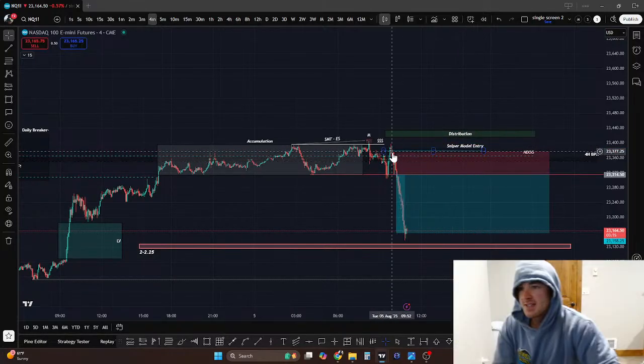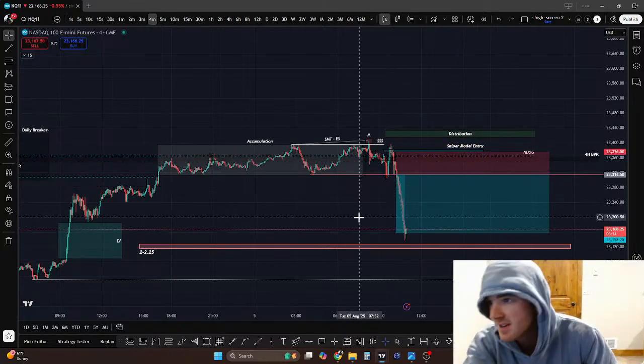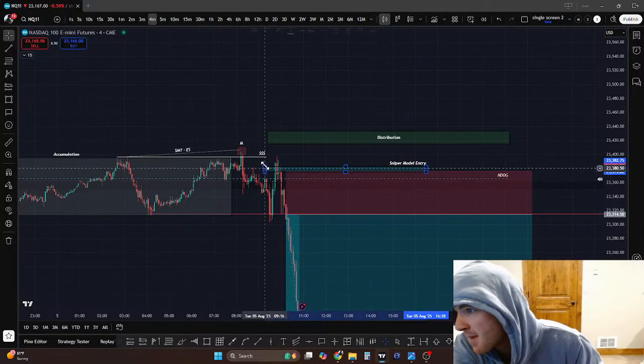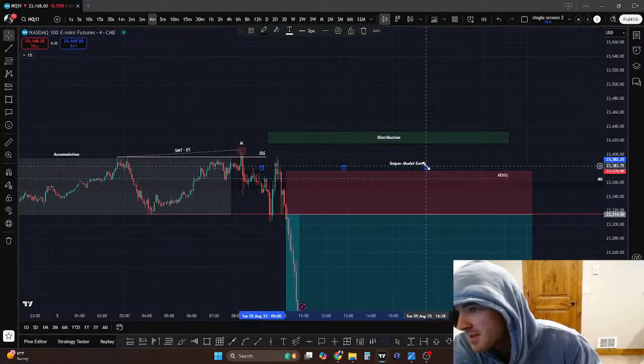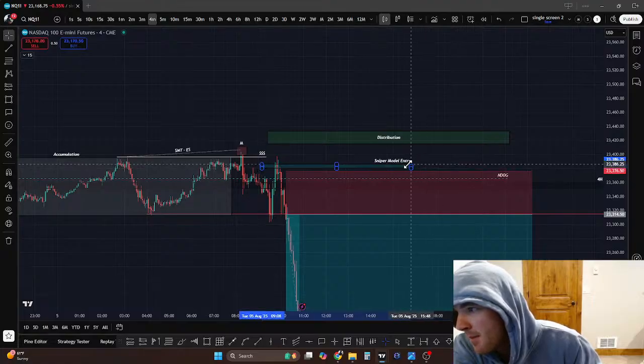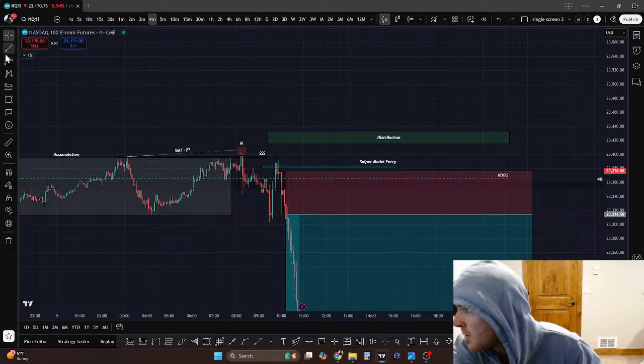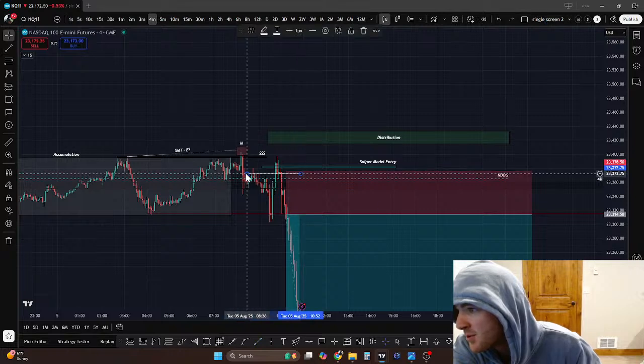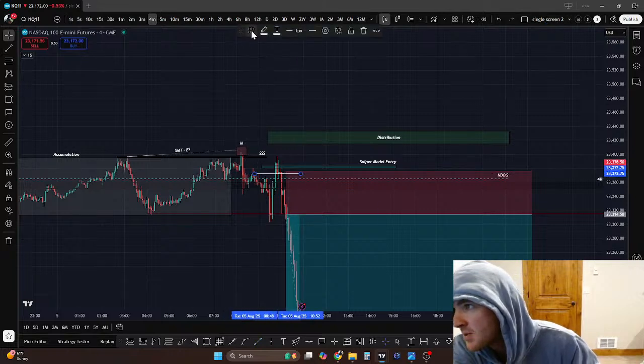And once again, what is this, guys? What do you see here? I was literally talking about how this could happen today, right? The sniper entry is right above what? Old highs. So what is this? Inducement, right? Inducement of these old highs into the sniper entry.